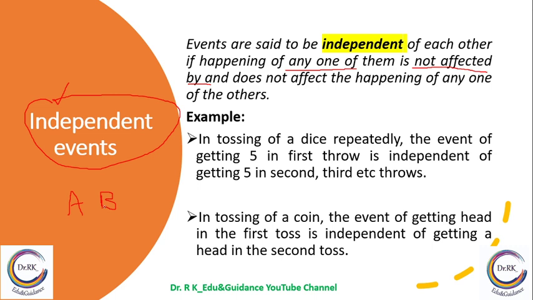Now we'll take two events: A getting the first rank and B getting the first rank. That means A getting the gold medal, B getting the gold medal. Are these two events independent or not?